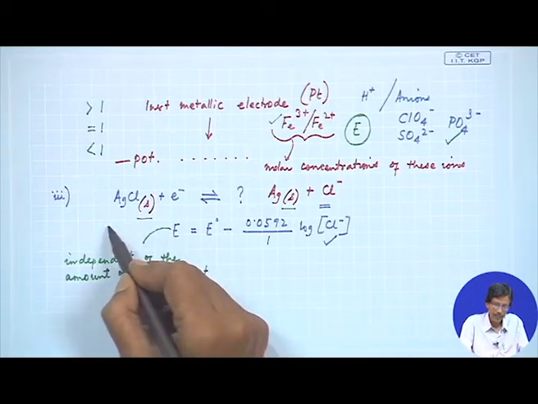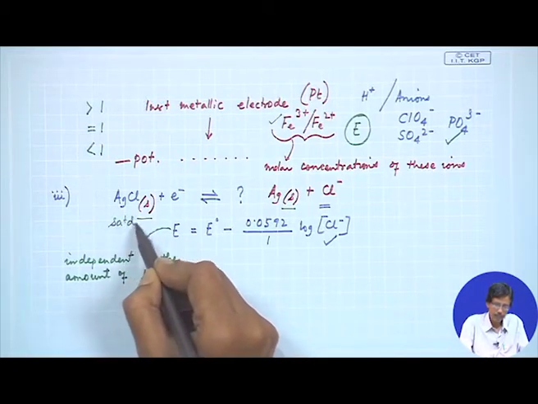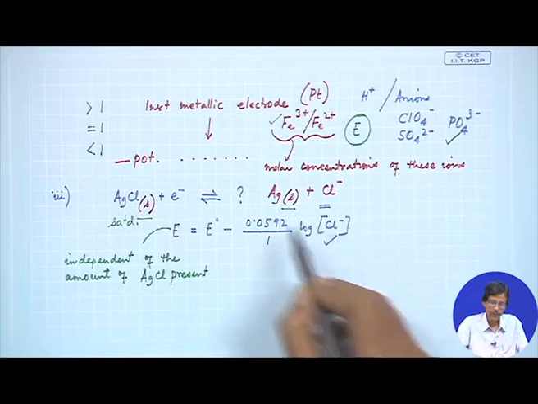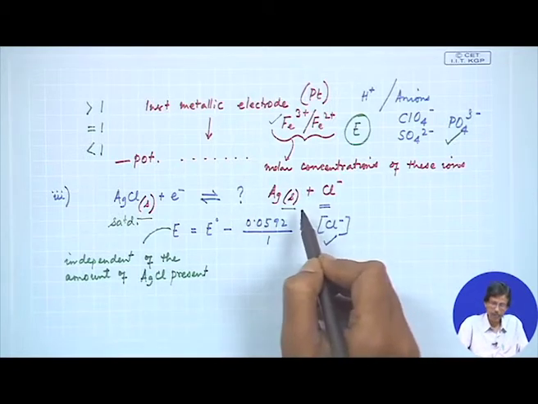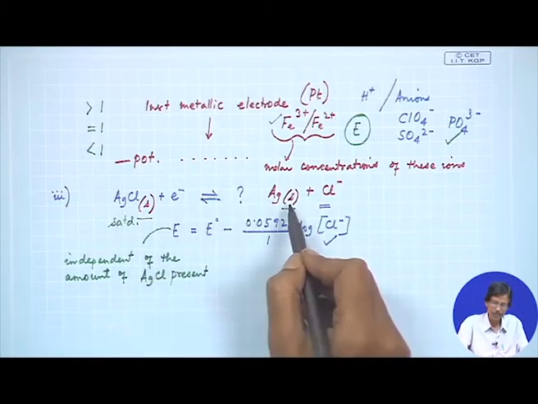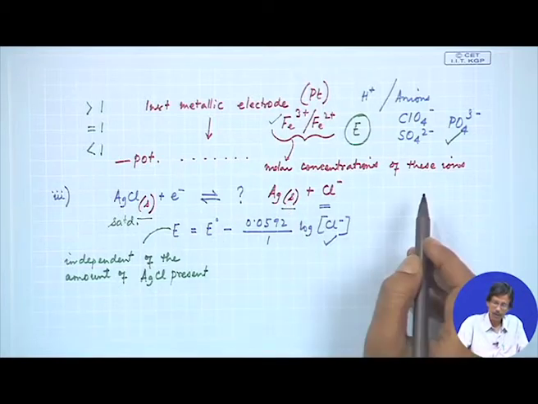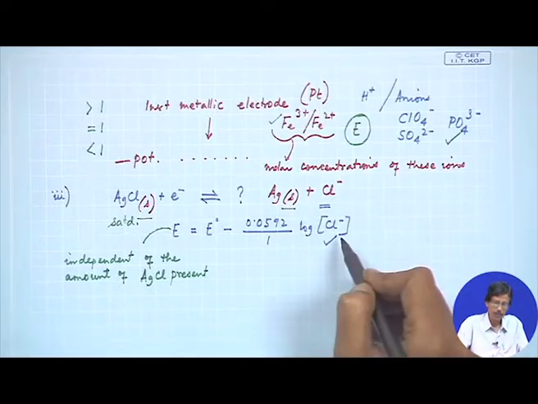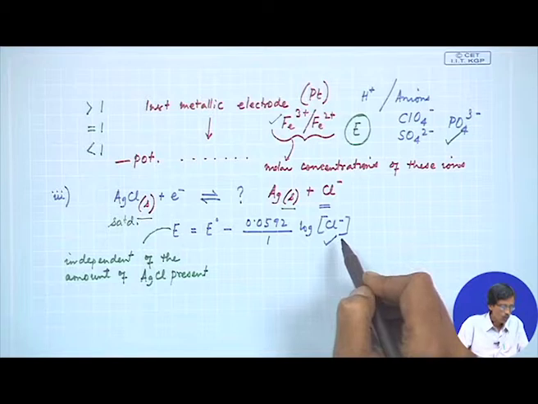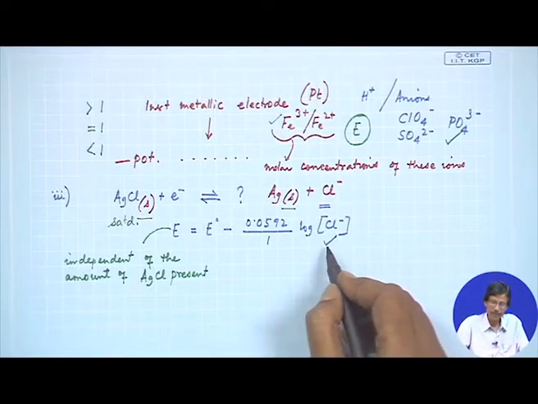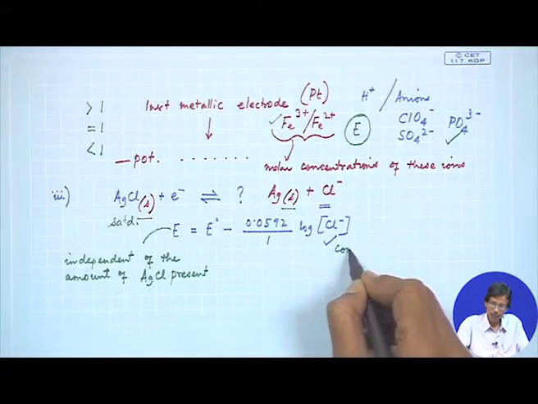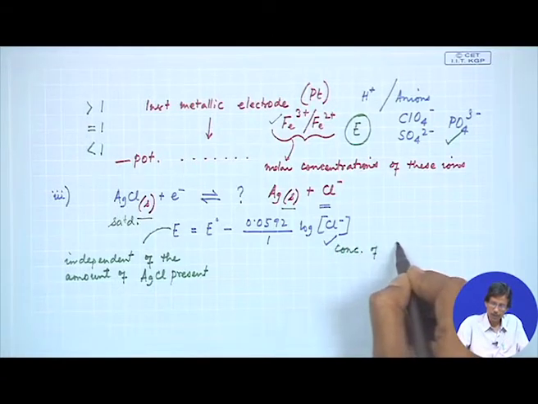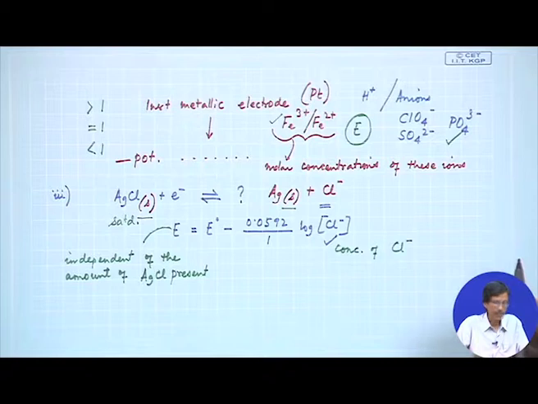That means you have a system where you have the saturated silver chloride, and solid silver is also separating out. So, activities of these we are not considering; we are considering only the concentration of the chloride ion. So, you have a corresponding potential value for this particular system, which is dependent on the concentration of your Cl minus.